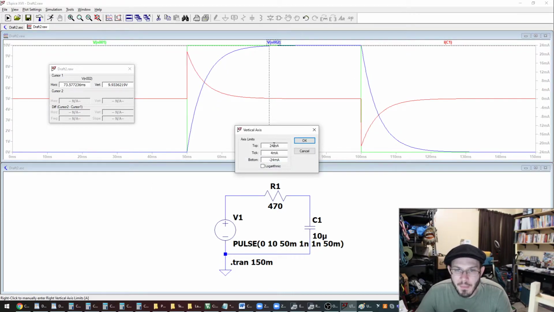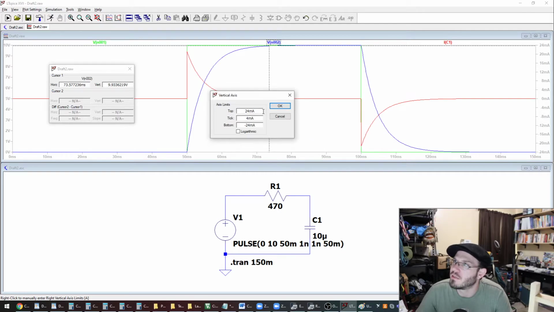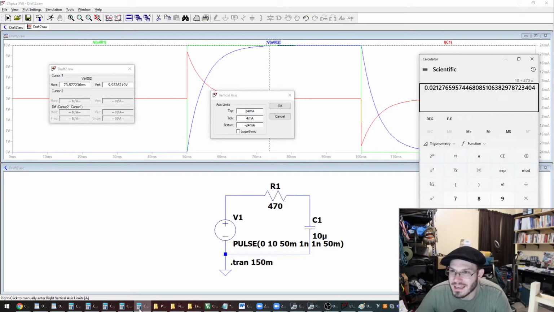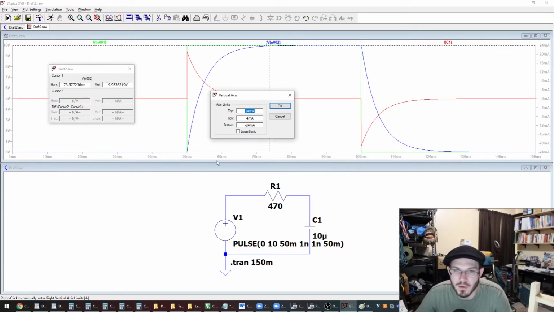So let's go ahead. I'm going to change the top of this scale. If you right click on this axis over here, you can adjust the vertical axis for current. And I can change that to, what did I calculate? 21 point, I'll just make it 21.3.